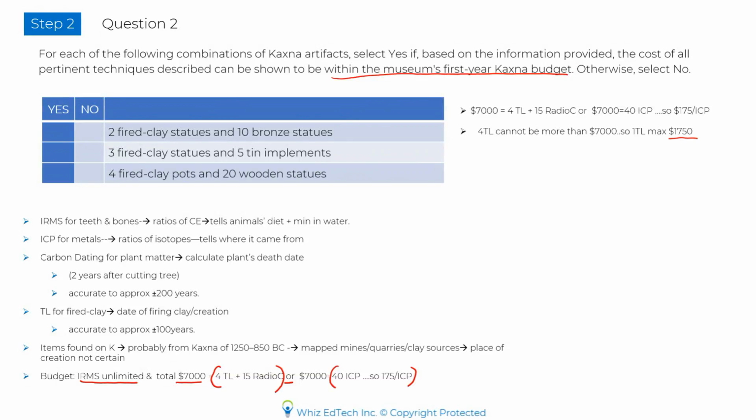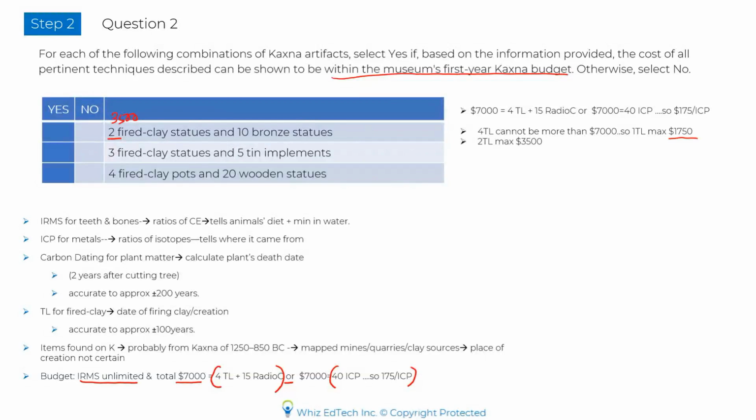So if I assume that 7,000 is the maximum limit, 4 TL tests cannot be more than 7,000. So 1 TL test cannot be more than 1,750, which means 2 TL tests will be maximum 3,500.